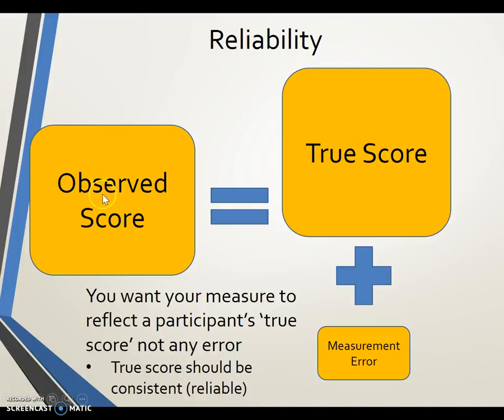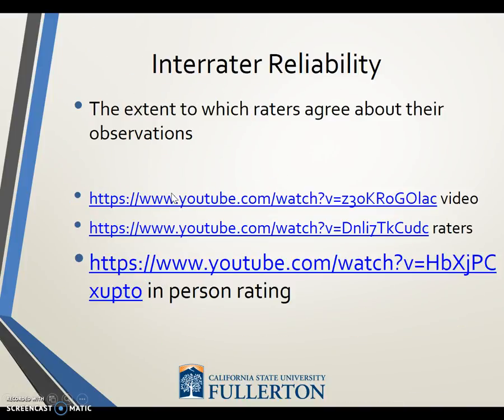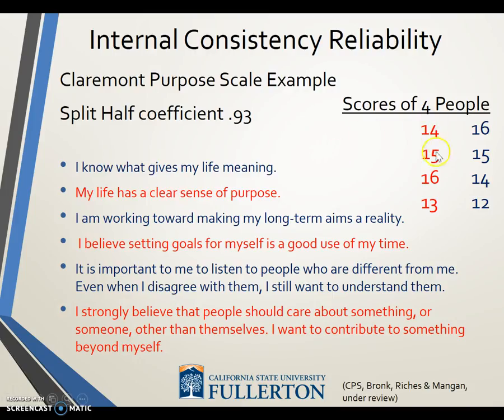So your test 1 and test 2 observed scores should be nearly the same. And same thing with internal consistency reliability. When we're talking about split half, the scores on this first half should be very similar, if not the same, as the scores on the second half. So you want to be consistent with your measures. That's what reliability is all about.